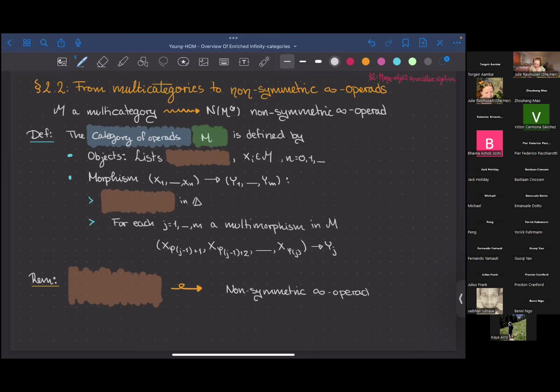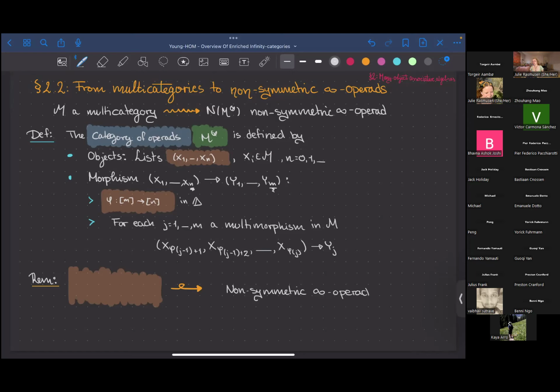denoted by M and then a little tensor, to have, first of all, as objects, just lists of objects from M, so x1 to xn, and then a morphism between two such lists consists first of all of a map in Delta, phi, that goes from M to N. So here it's worth noting that the N is the last part here, and M is what we go up to here.